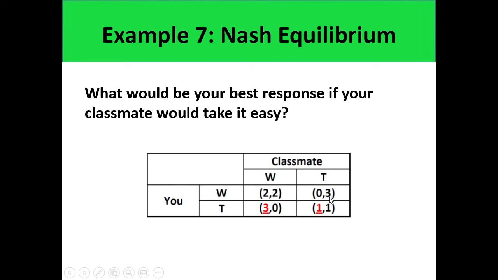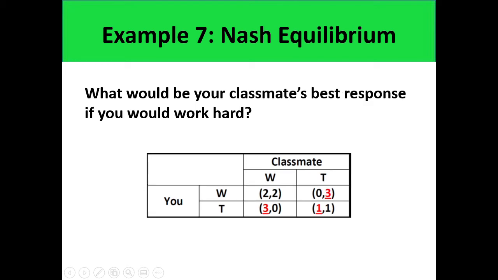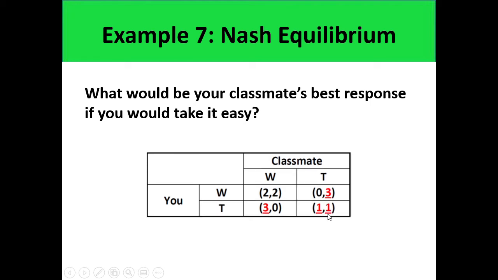So we will underline this 3. Okay, next. If the row player decides to take it easy, then as the column player, we will get either 0 or 1. So the better response is to take it easy. So we will underline this number.